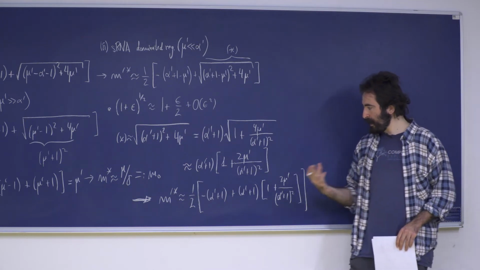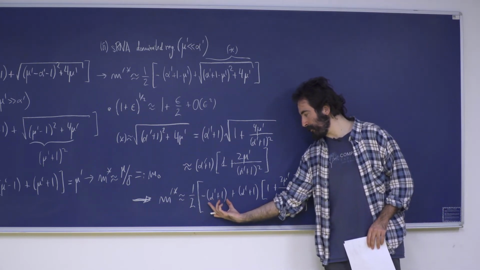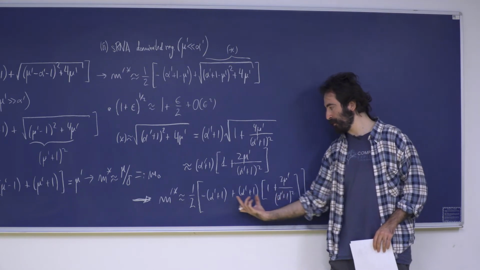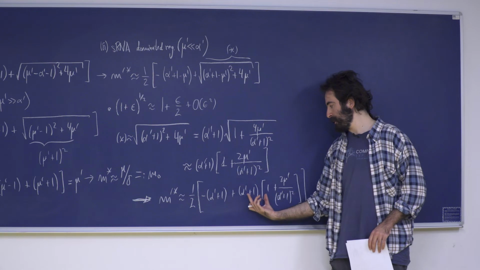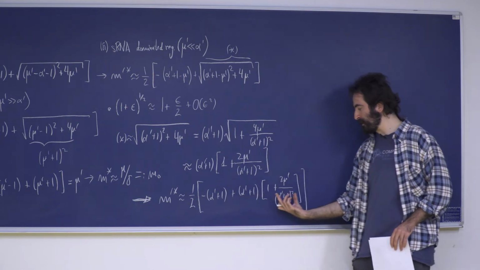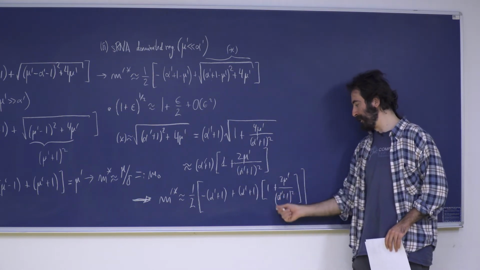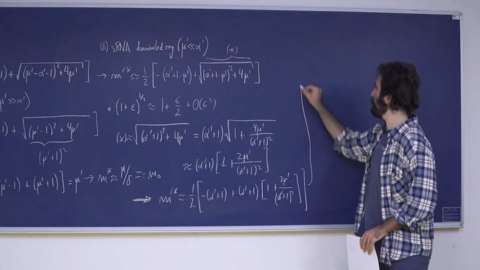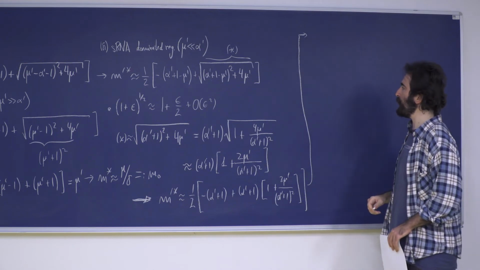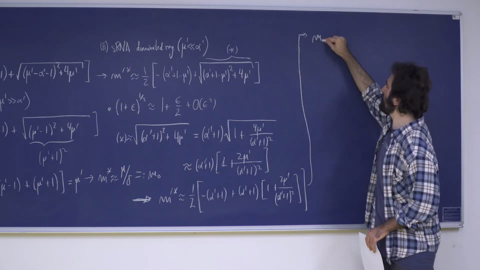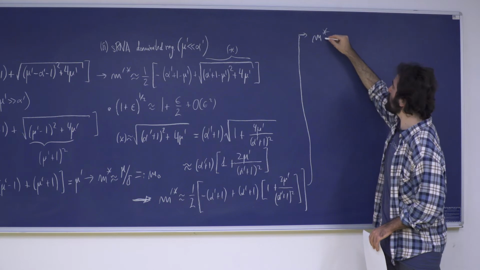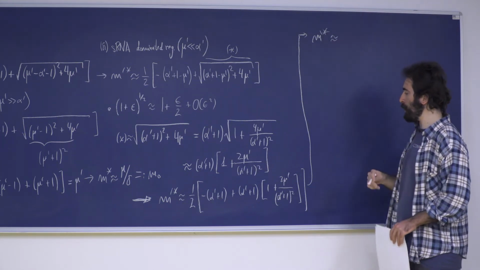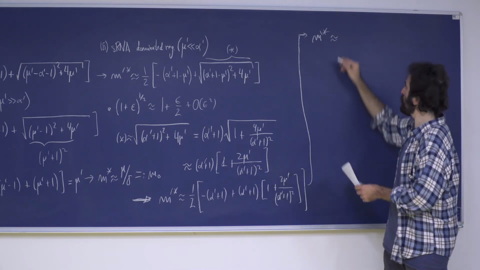Now, what's nice about this is here I have a minus alpha prime plus 1, but here I have a plus alpha prime plus 1 times 1, therefore these two are going to cancel out. This alpha prime plus 1 is still multiplying over here, so I will still have it down here. And now I go up here, and I see that this, remember this is still in the prime units, will be approximated by mu.